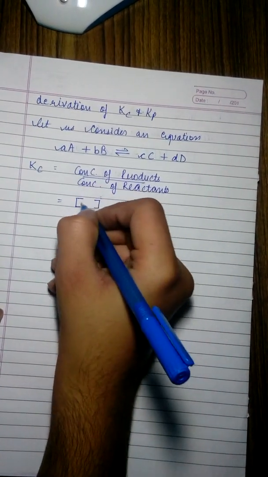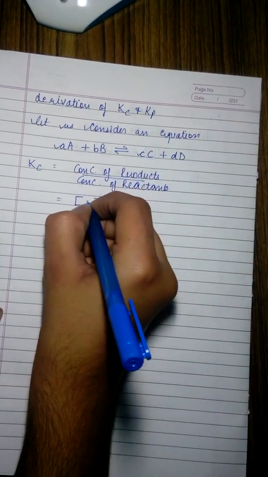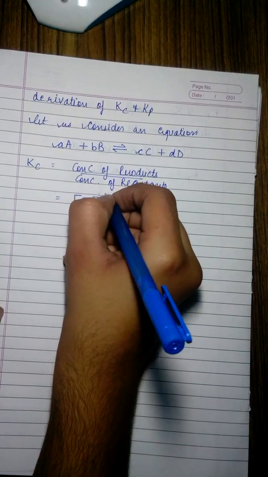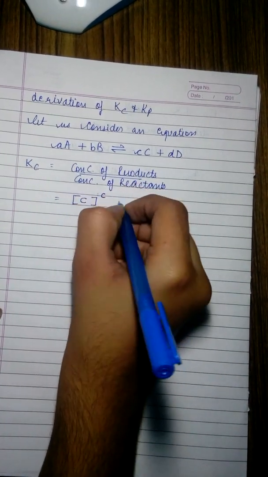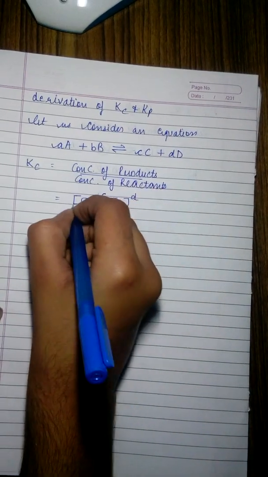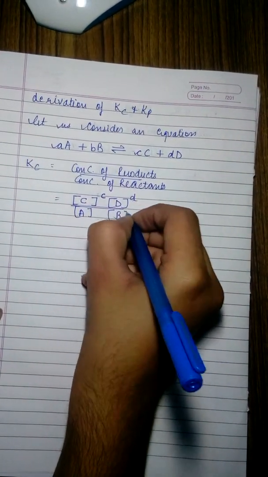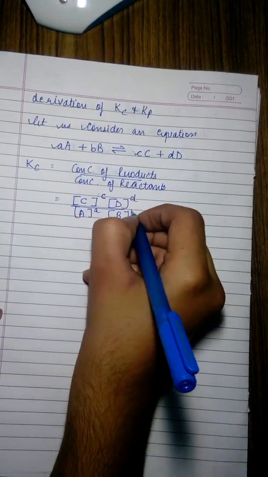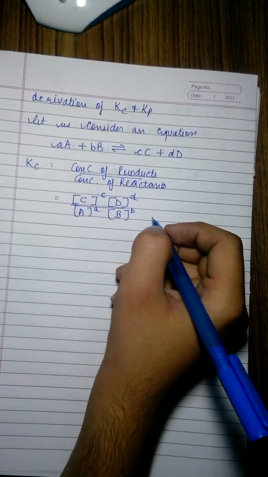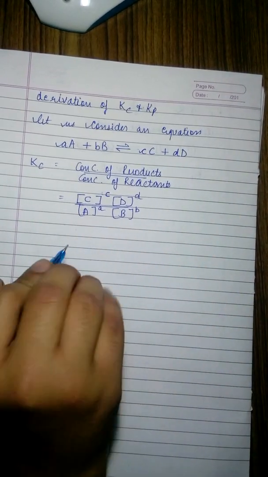This square bracket represents concentration of C to its number of moles in the power, concentration of D to the number of moles in the power, upon A, B, number of moles in power respectively. This is the proof of Kc.